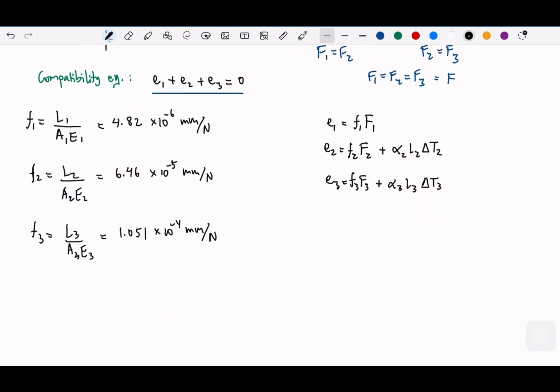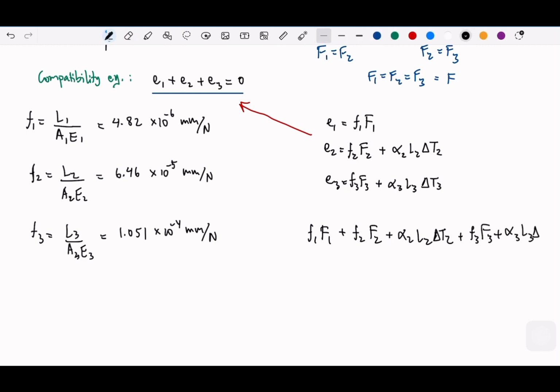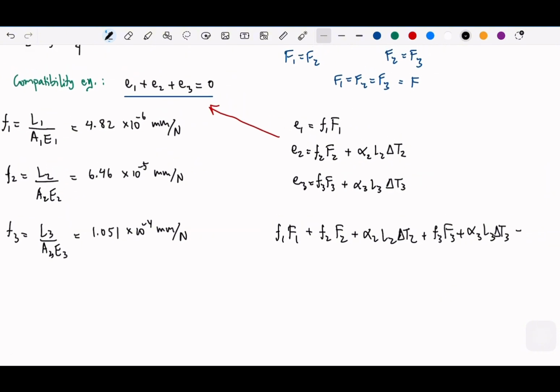Okay, so when we have this E, then we can get down to these expressions. So substitute all with the F. And this will be equal to 0. Now remember that F1, F2, F3 are all the same.